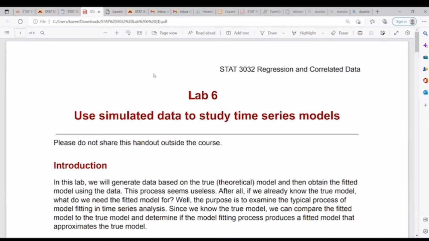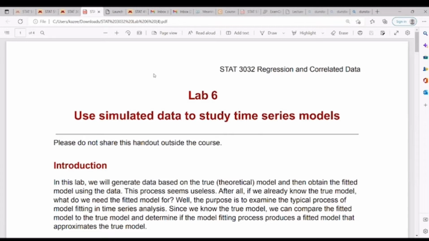Okay, so we started this earlier in the week, time series analysis, of course, and what we are actually going to do in the lab today is to have a demonstration of how you can demonstrate this in the lab.